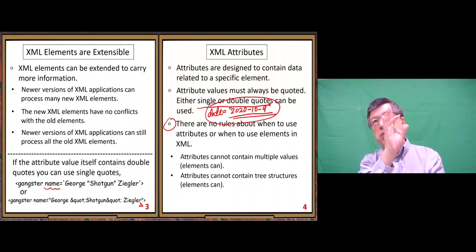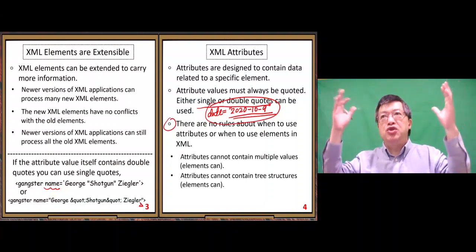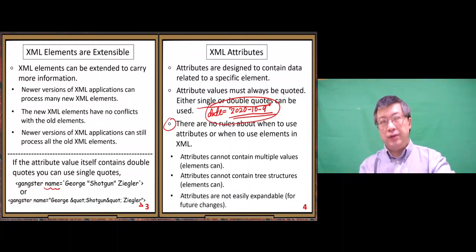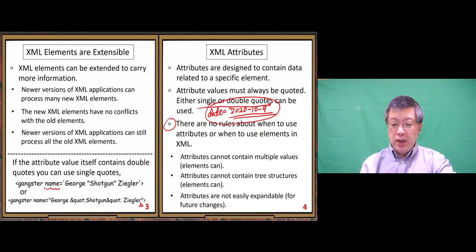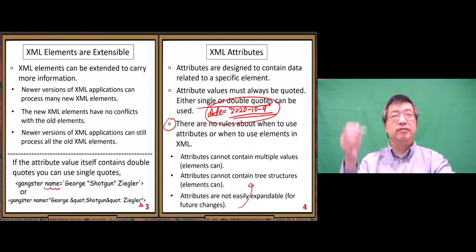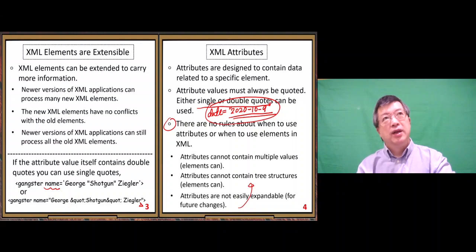That particular piece of information has the potential to expand, so it should be extensible. That's another criterion we need to consider. Attributes are not easily extensible, so that's what we talked about. Other than that, you can make your decision.